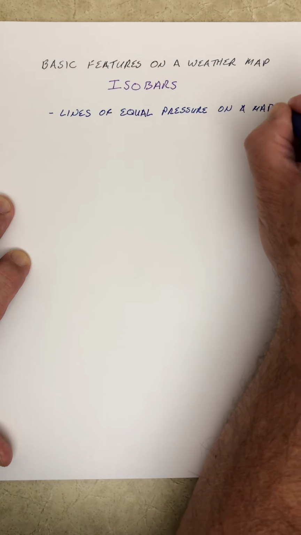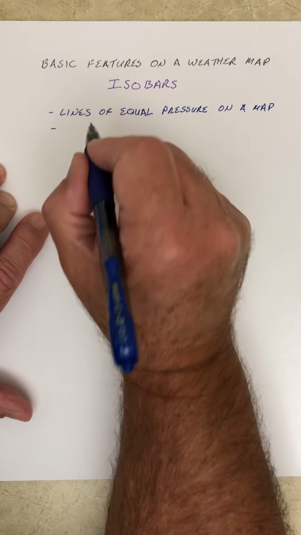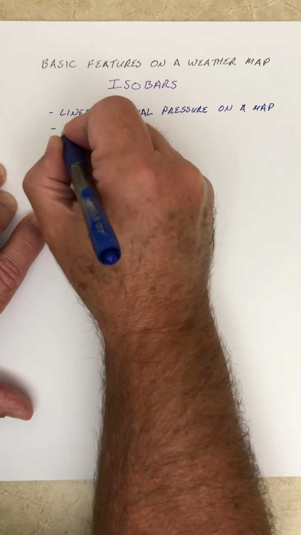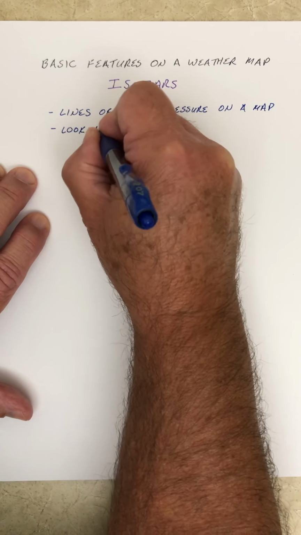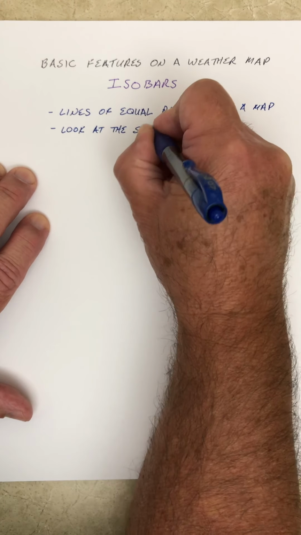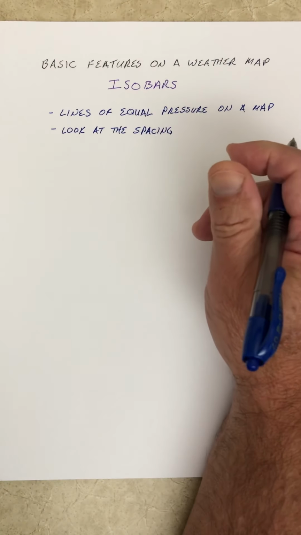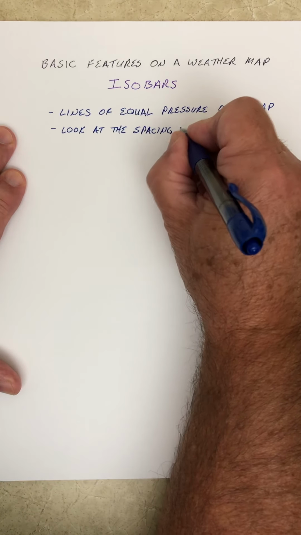For our purposes, though, what I want you to get out of this right now is let's look at the spacing between these isobars. That, for our purposes right now, is what we're going to be concerned about. Looking at the spacing between the isobars.